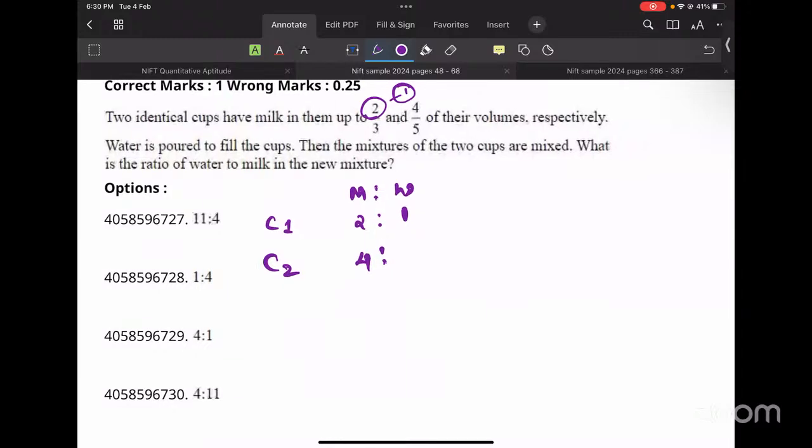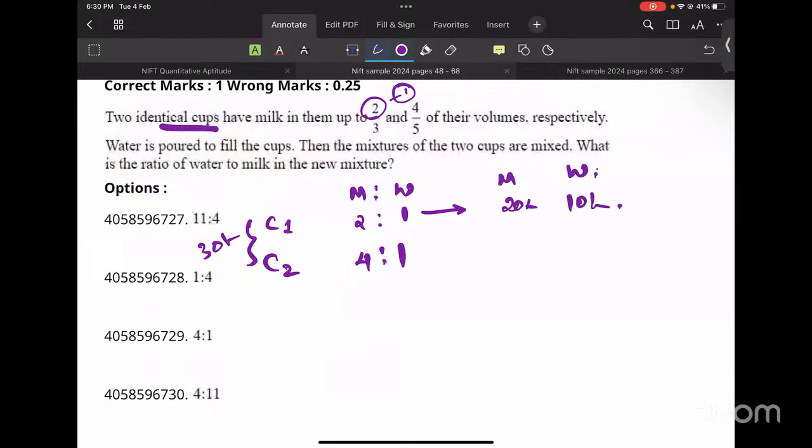Both these cups are identical. So assume cups are 30 liters each. So milk in cup number 1 is 20 liters, and water will be 10 liters.